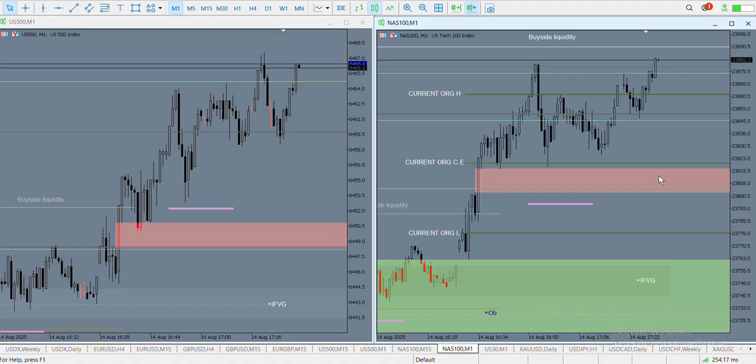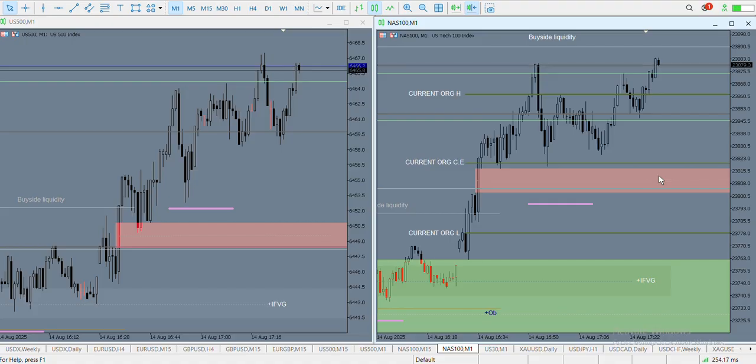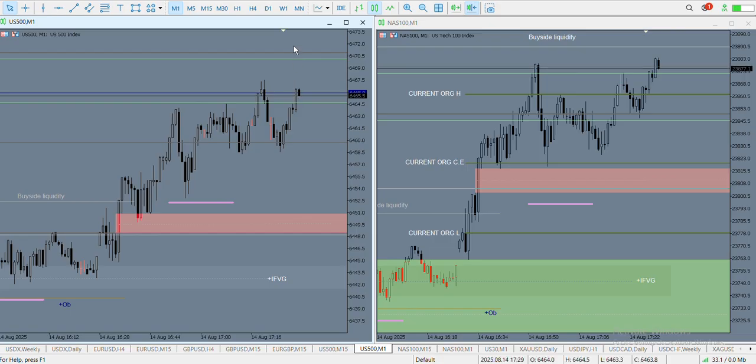US 500, we are trading at 466. We're trading away from the opening range gap mid gap. I think we are on the upper portion of today's opening range gap. Yes.